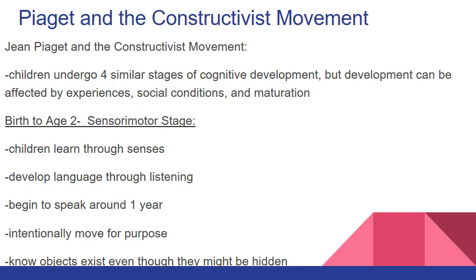So they start to reach for objects they like, or they start to cry for the purpose of knowing that a caretaker will come. Apart from this, something that's very important as well is that infants start to realize that even though objects may be hidden and might not be physically visible, they still exist.